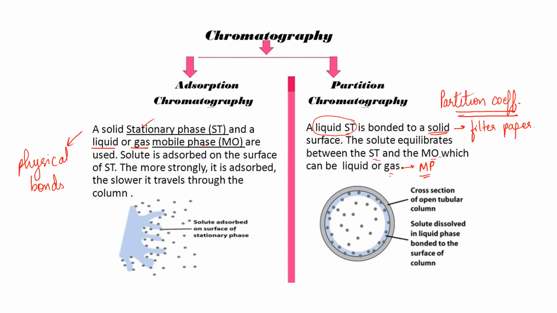So the analyte, or whatever mix of things you're going to add to the column that is to be separated, is going to bind to the stationary phase. So the solute is adsorbed. Adsorption means the molecules of your interest are going to sit on the stationary phase. They're going to interact, they're going to bond. Now the more the strength of the bond of the analyte formed with the stationary phase, the slower it will move, and hence it can be eluted later.